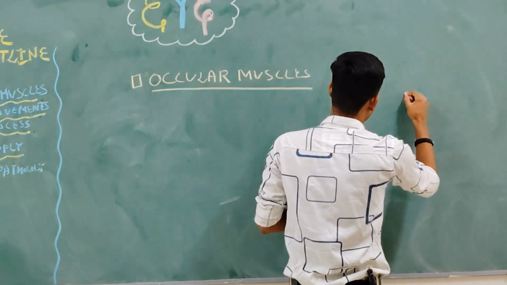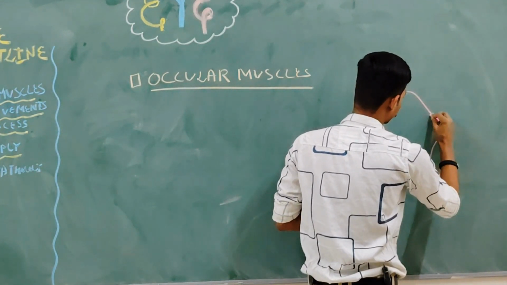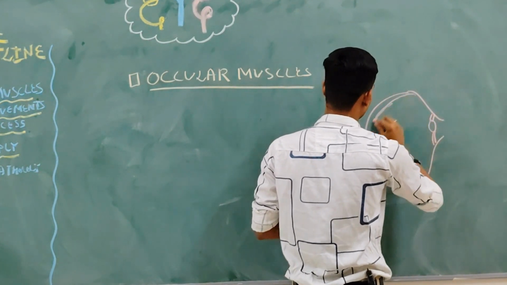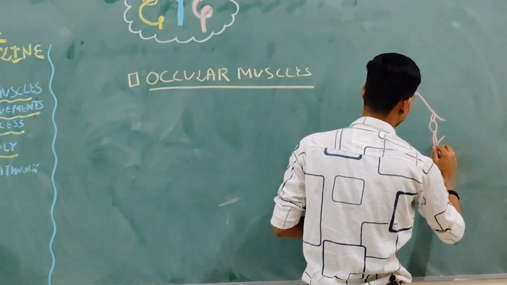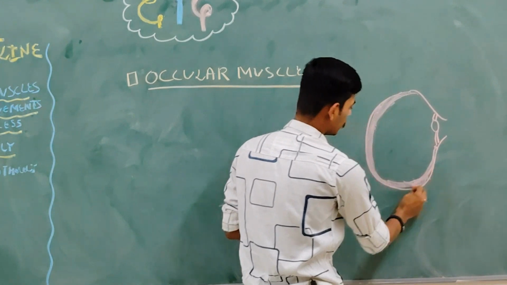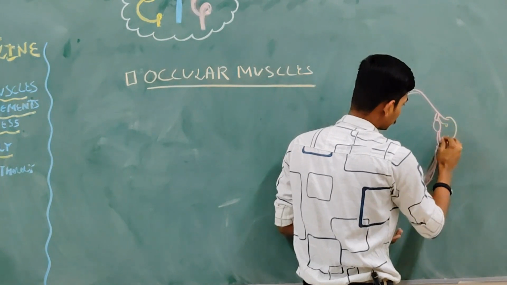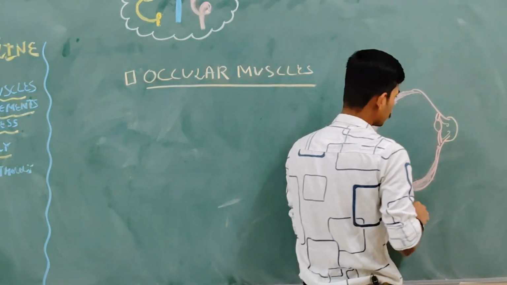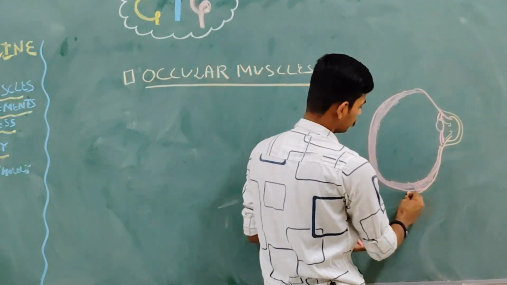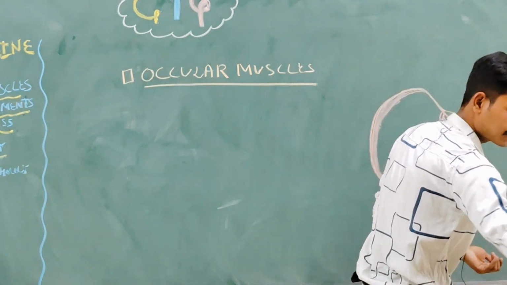It is better with a diagram. Suppose I am roughly drawing, this is your eye, with more layering, and there is an internal retinal lining.